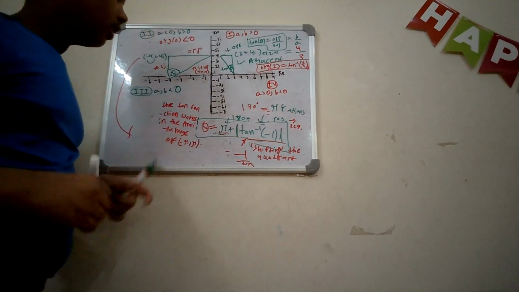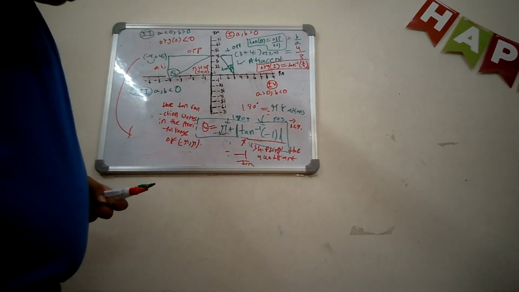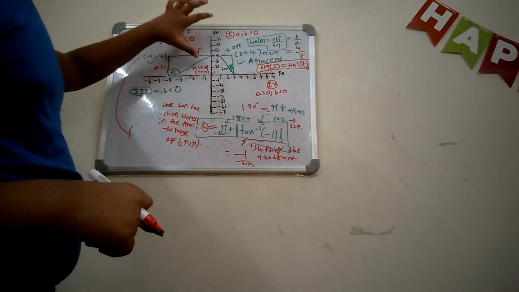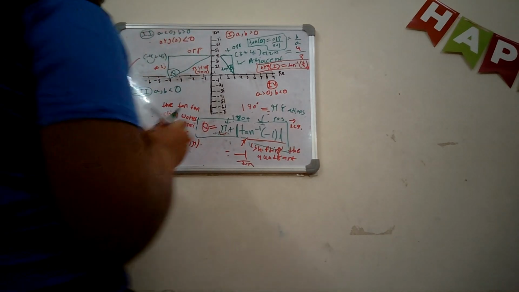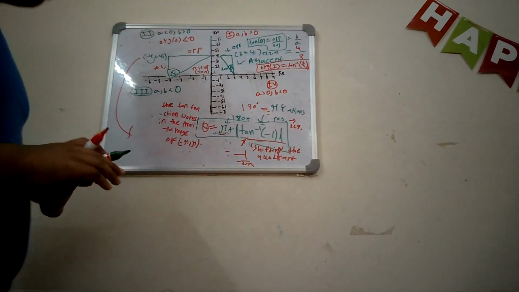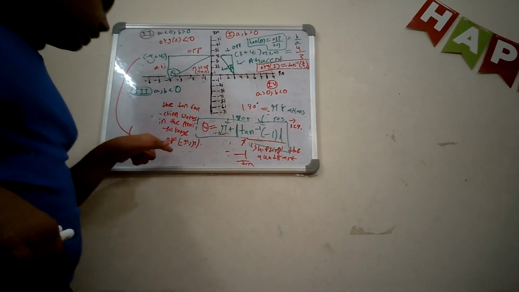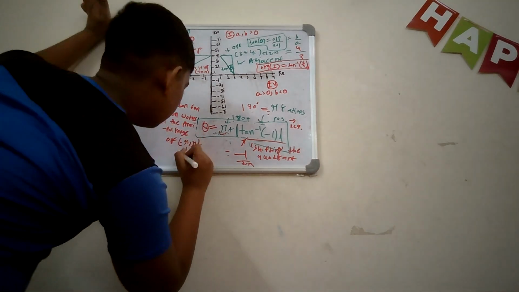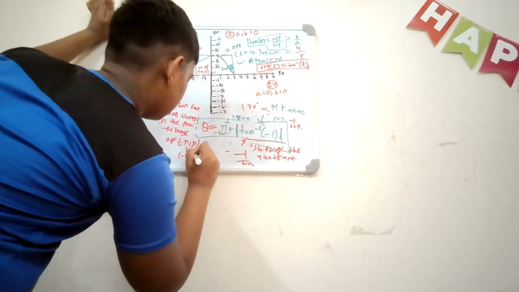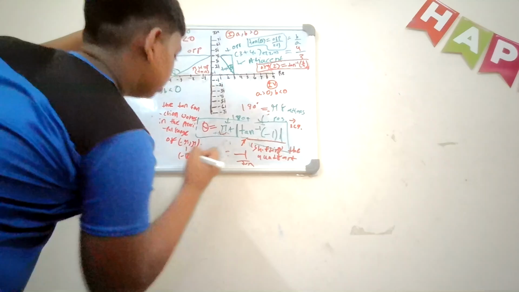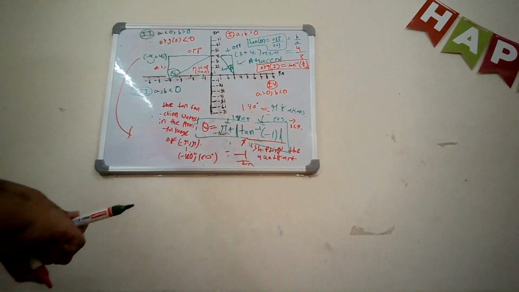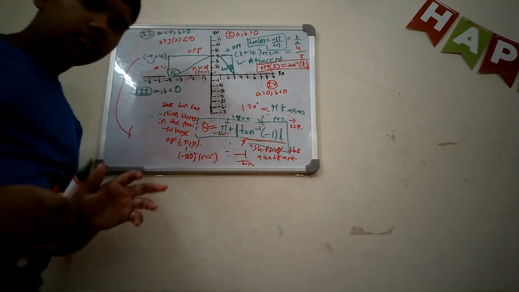So that's the thing, because in this case, look at this side, okay? So then the range will be negative, so like this means negative 180 degrees to 180 degrees. Okay, that's the thing.